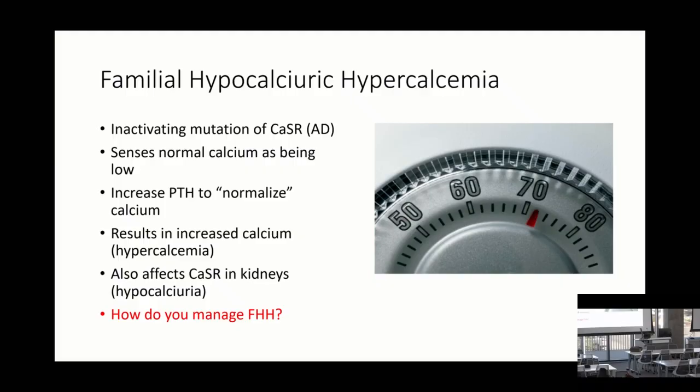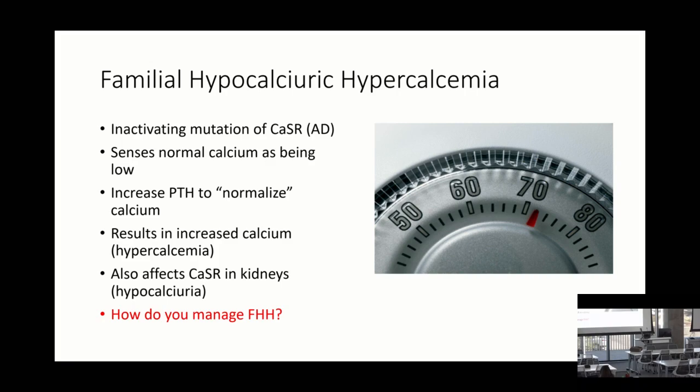Essentially, you monitor it. That's why when we're evaluating patients in clinical practice with hypercalcemia, one of the key tests that we check is their urine calcium. Because if you have hypercalcemia and you have hypocalciuria, then you have to think about this condition, familial hypocalciuric hypercalcemia.